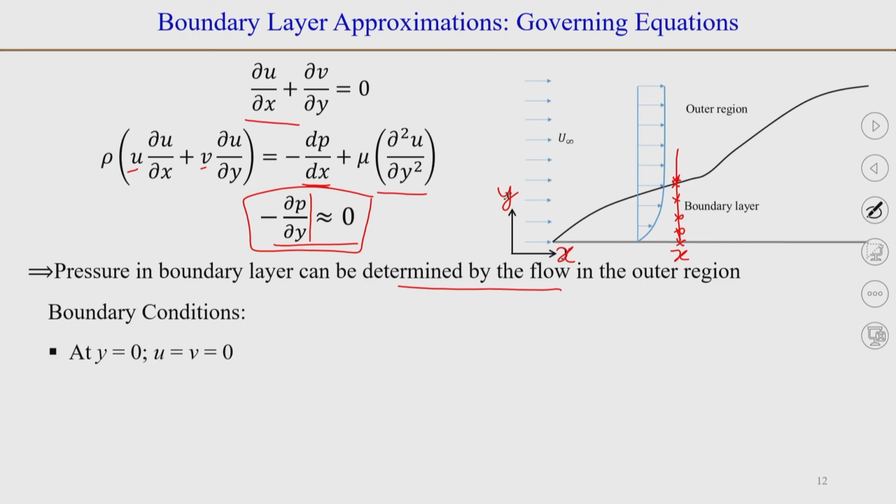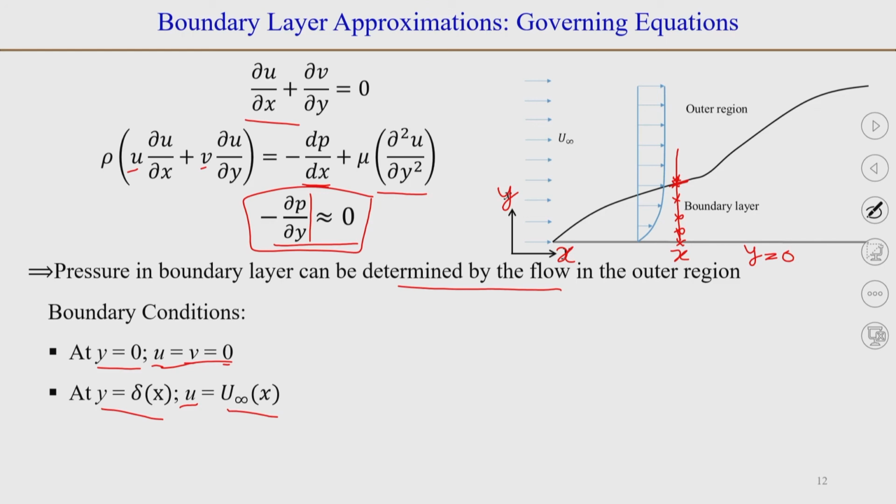At y equal to 0, u is equal to v is equal to 0. y equal to 0 is basically the wall. Because of the no slip boundary condition here, the u and v components of velocity are both 0. And at y equal to δ(x), when we consider any x at the boundary layer, which is the interface between the outer region and the boundary layer, u is equal to u∞(x).